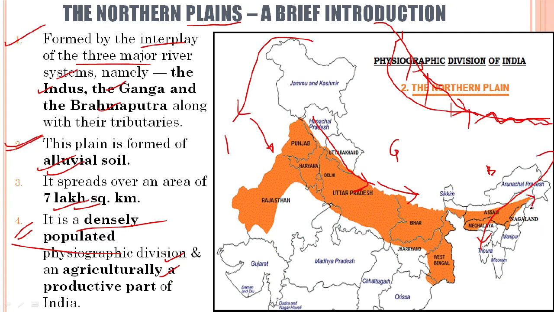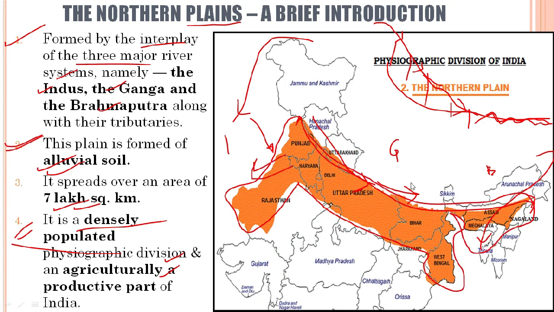In the east we can see right from Assam, it keeps on stretching towards the northwest and goes up to Punjab, also covering certain parts of Rajasthan and a major part of Uttar Pradesh, Bihar and West Bengal. So basically these are known as the northern plains of India. You can see that a huge area is covered by these plains.